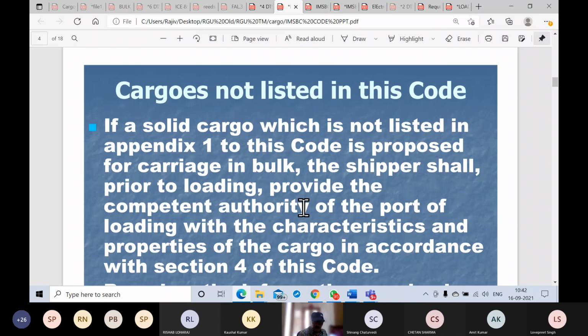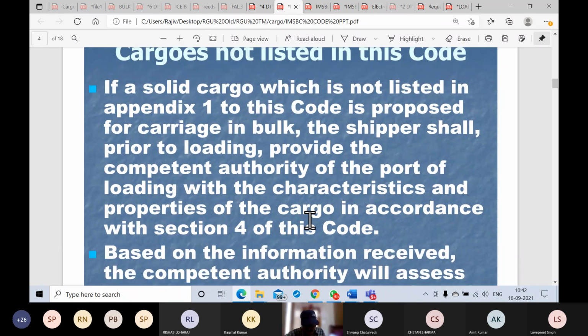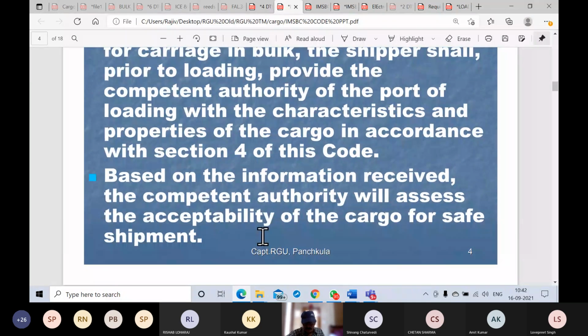You will make a mental note. This is how it will be performed. If it is not listed, the shipper shall, prior to loading, provide the competent authority of the port of loading with the characteristics and properties of the cargo in accordance with section 4 of the code. Based on this information, the competent authority at the load port will assess whether the cargo is safe for shipment.